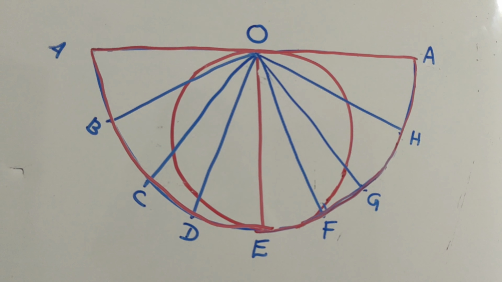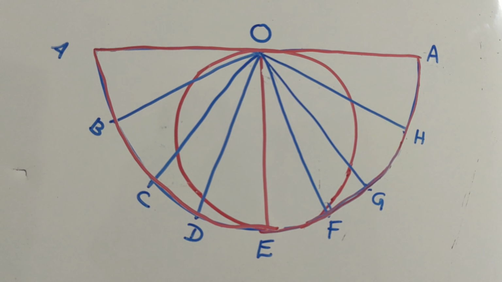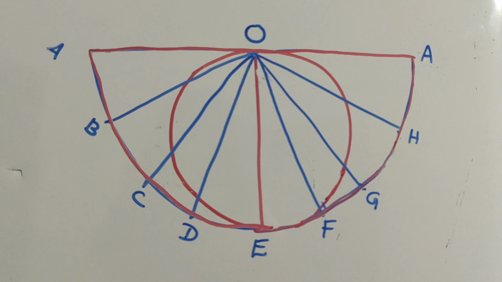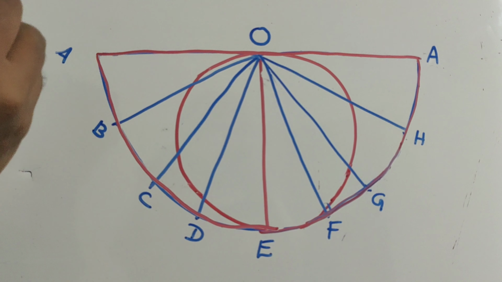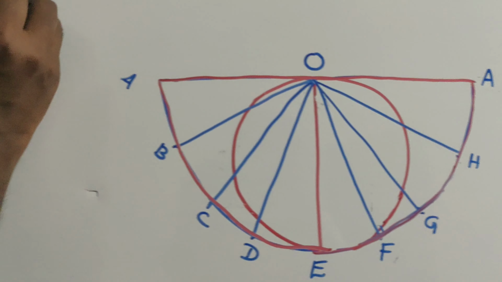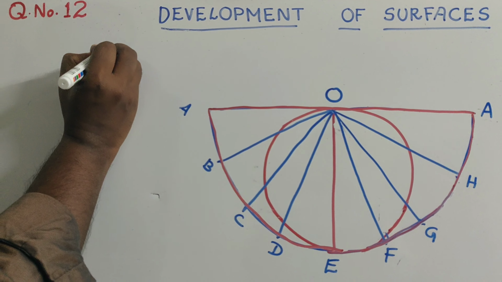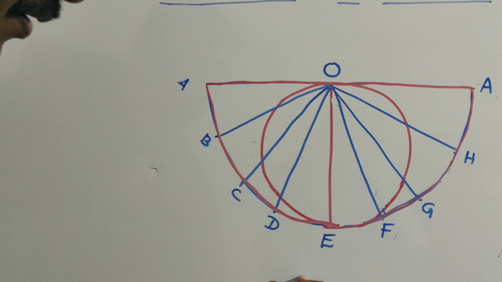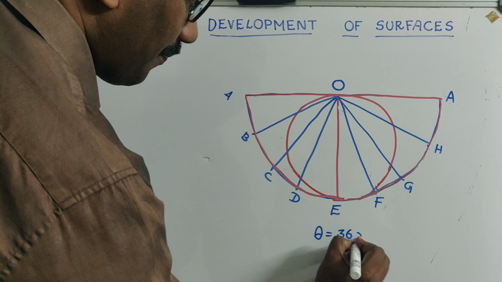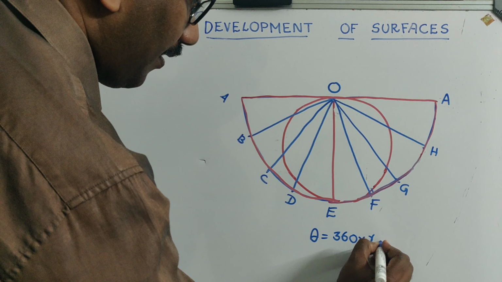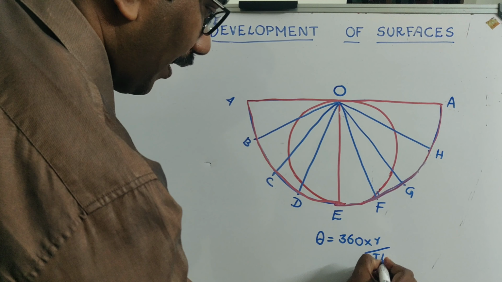I think now it is clear to you. But how to draw the cone again? Normally, we find the development by the relation, that is, the subtended angle theta is equal to 360 into r by true length.